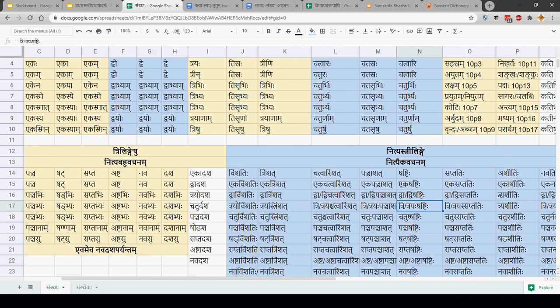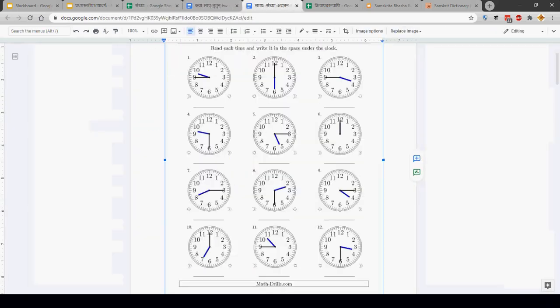So it is that. Yeah. So if you look at this clock here, for example, here there is a 10 o'clock.